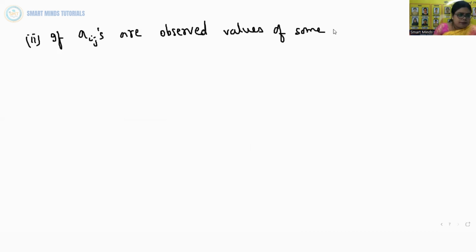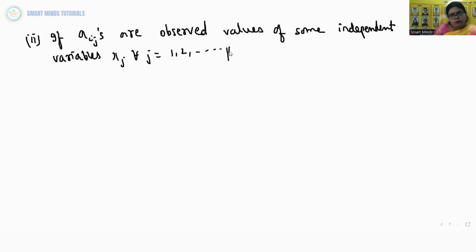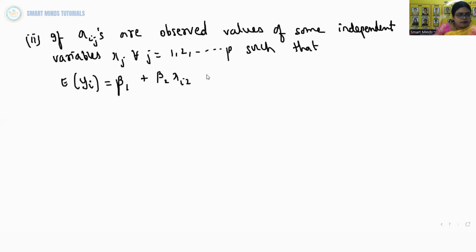Now coming to the second point, if aij's are observed values of some independent variables xj for all j taking values from 1, 2, 3, 4 up to p, such that E of yi is equal to beta 1 plus beta 2 xi2 plus beta 3 xi3 plus so on.